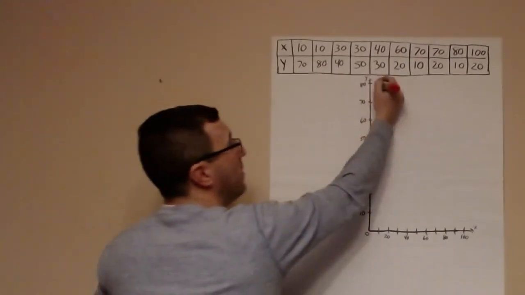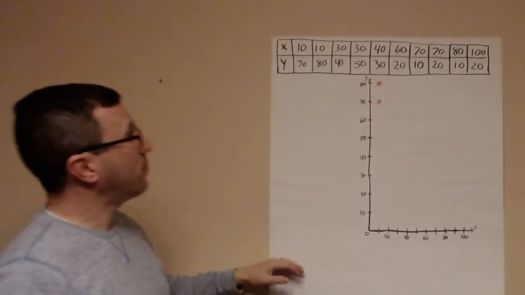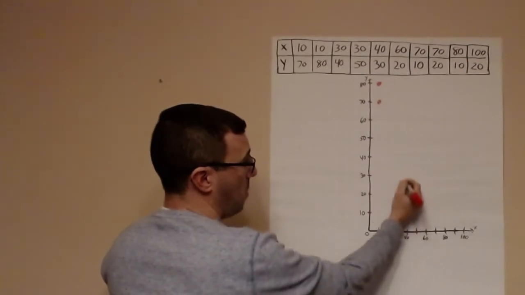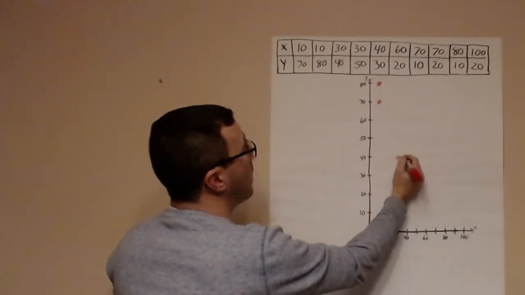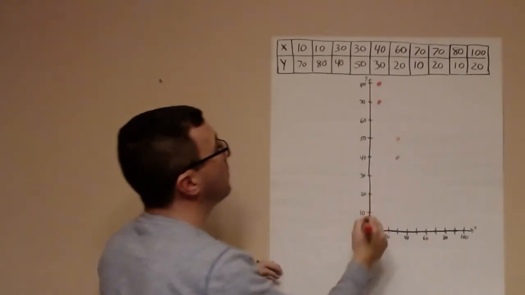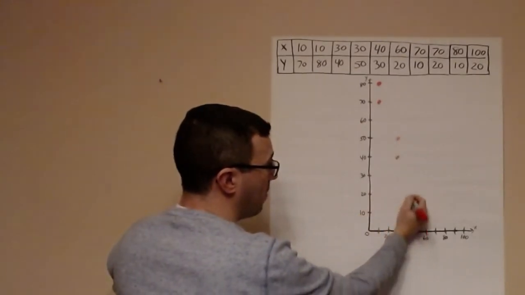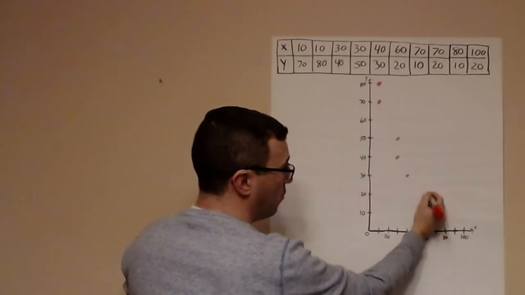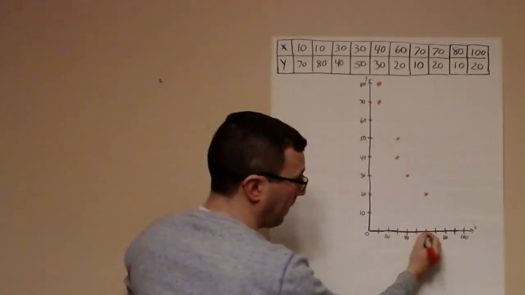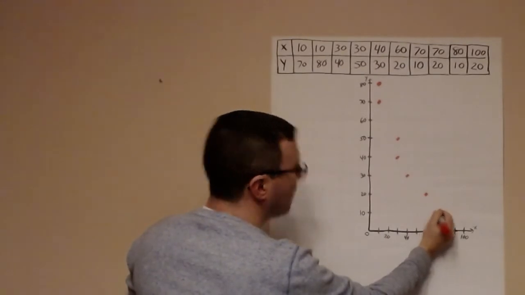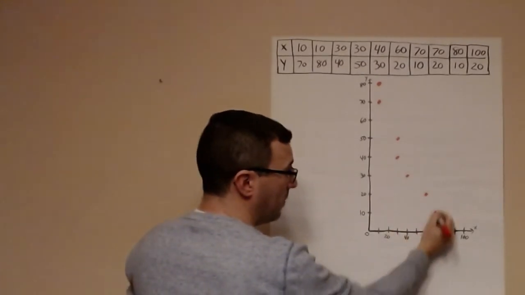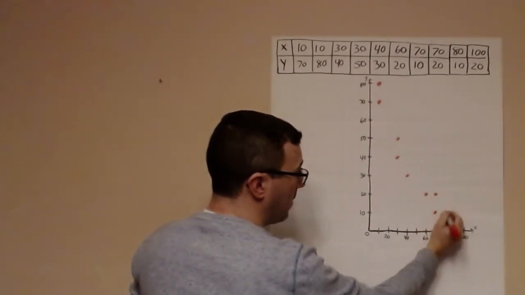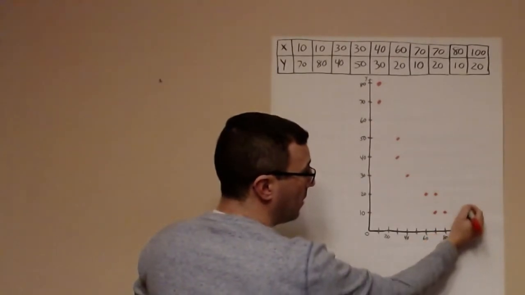I also have 10, 80, 30, 40, 30, 40, and 30, 50, 40, 30, 60, 20, 70, 10, 70, 20, 80, 10, and 120.